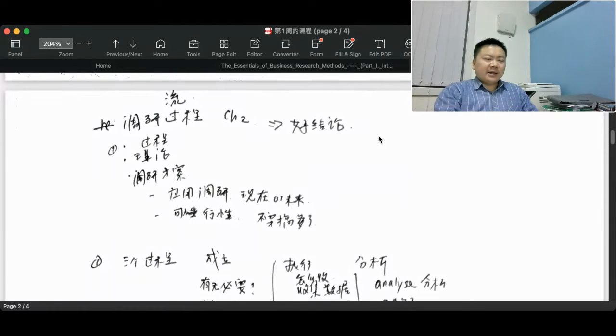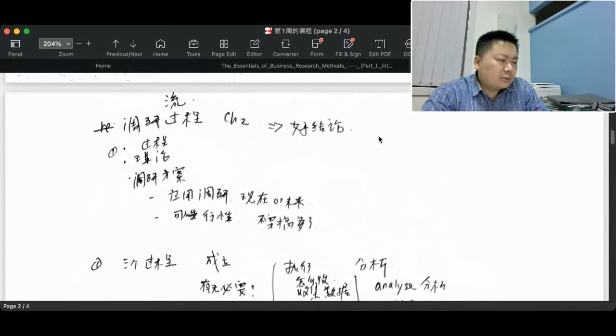So that will not be feasible. So applied business research can be short, quick, and concise, and it has value for the managers.